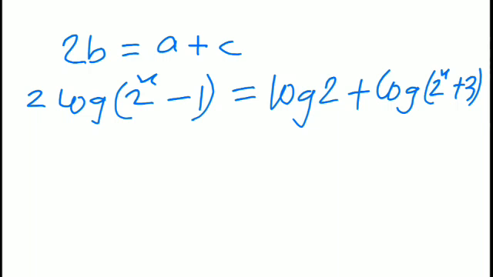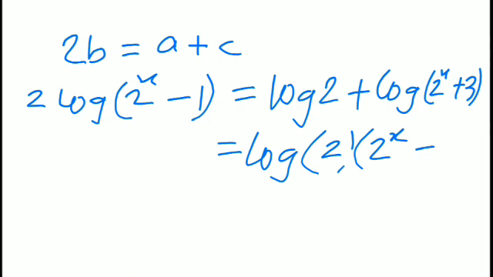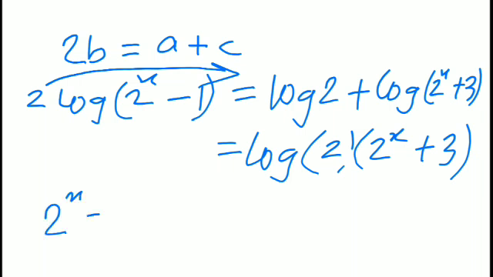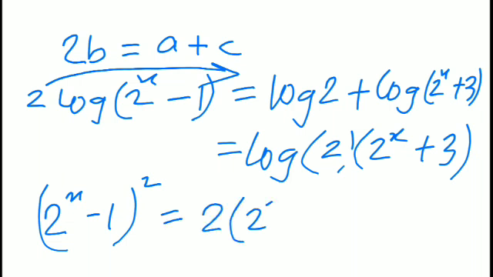All right, so I'll simply write it like log ab, log 2 to the power x plus 3. Alright? And I'll bring this 2 to the power here, right? So it will become 2 to the power x minus 1 whole square is equal to 2 to the power x plus 3.